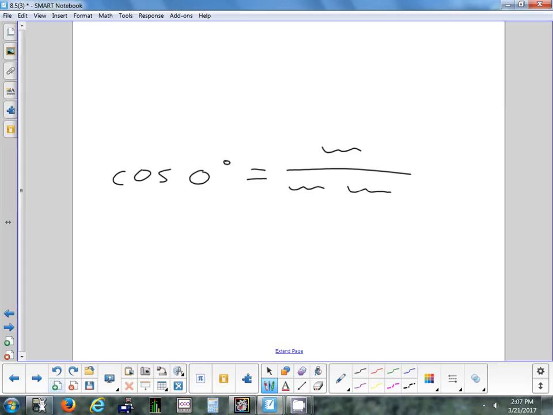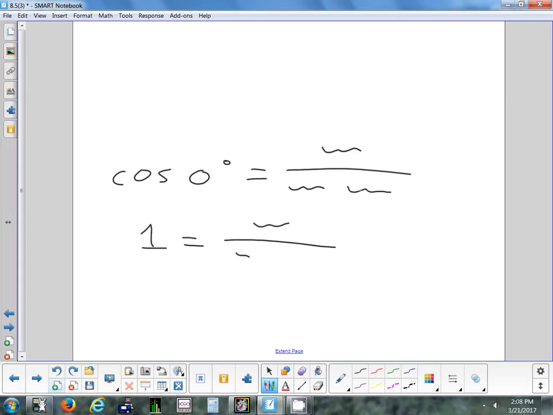What's the cosine of 0? Yep, the cosine of 0 is 1.